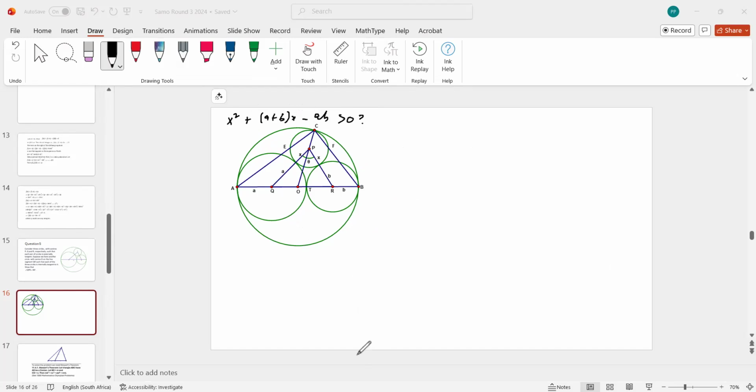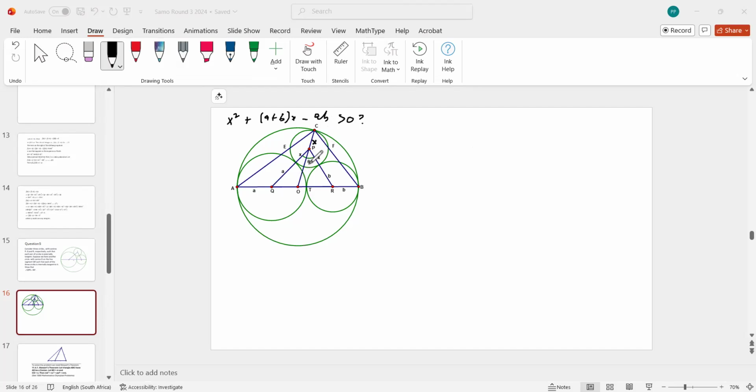Now, I got the same diagram here, except that I've taken this OP and I've extended it to meet the circumference. And this part is also x, because this is the radius here.